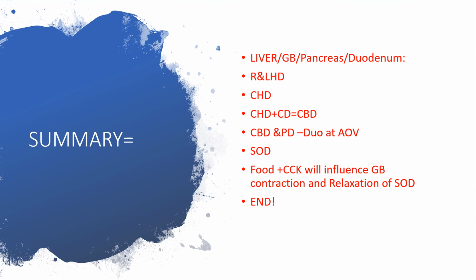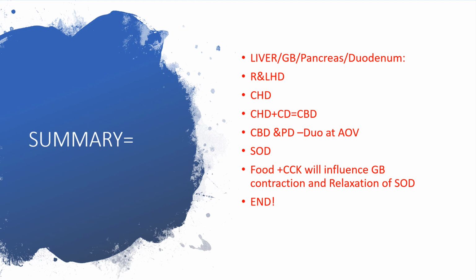The common hepatic duct will gain the cystic duct to become the common bile duct. The common bile duct and pancreatic duct from the pancreas will meet at the ampulla of Vater while trying to drain into the first part of the intestine called the duodenum. And there will be a gateman known as the sphincter of Oddi.